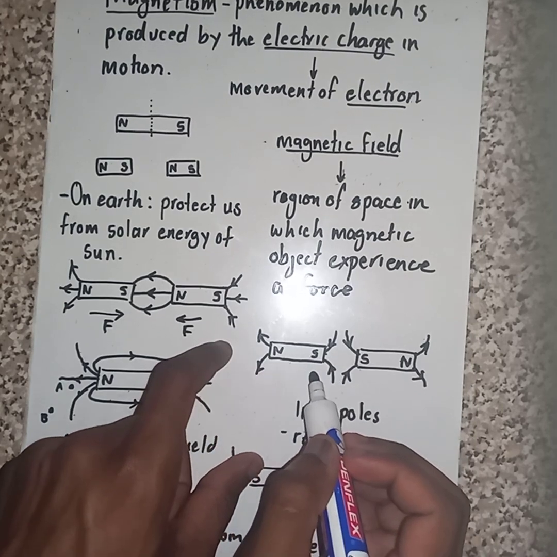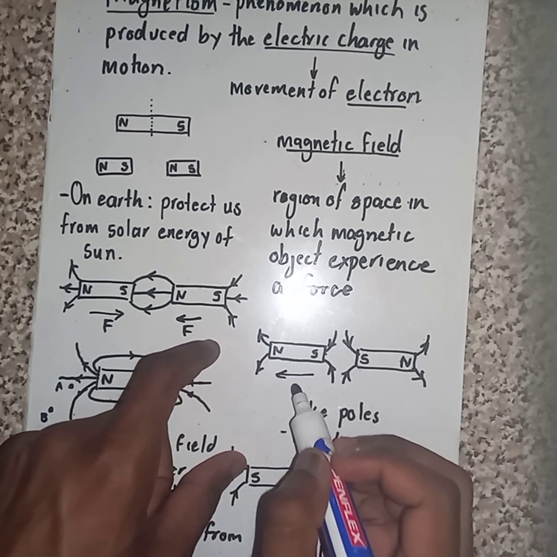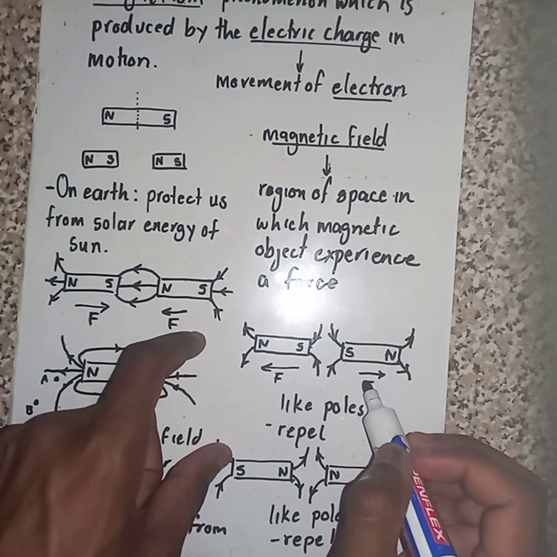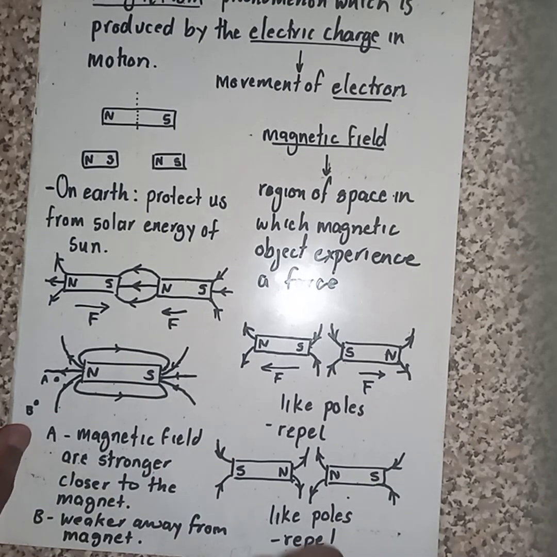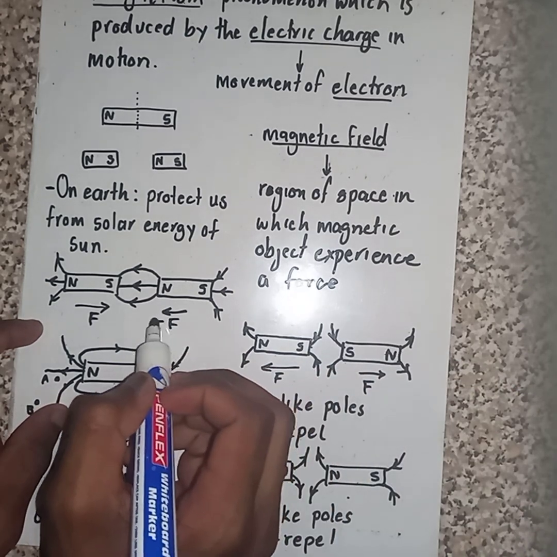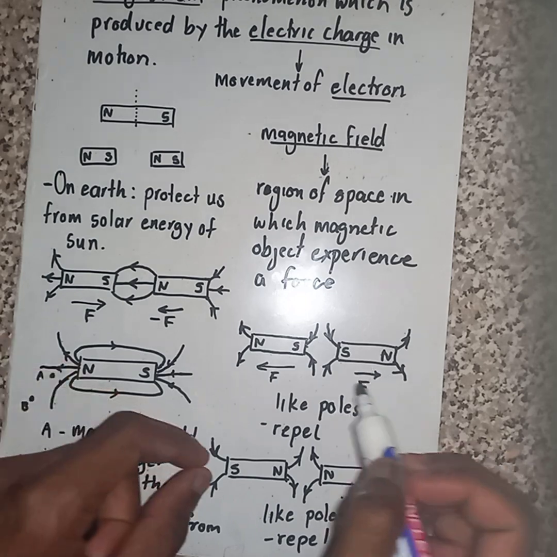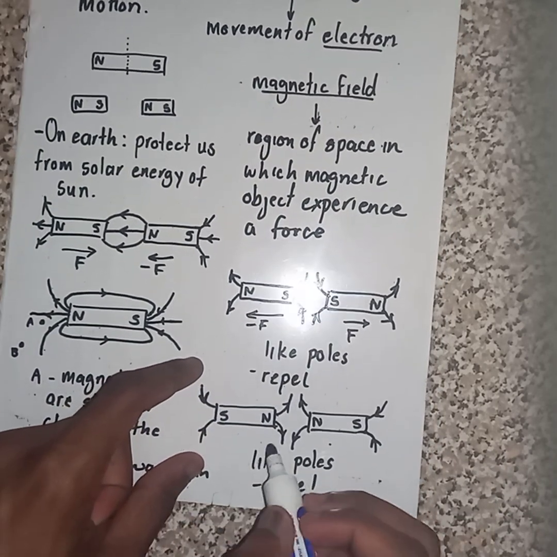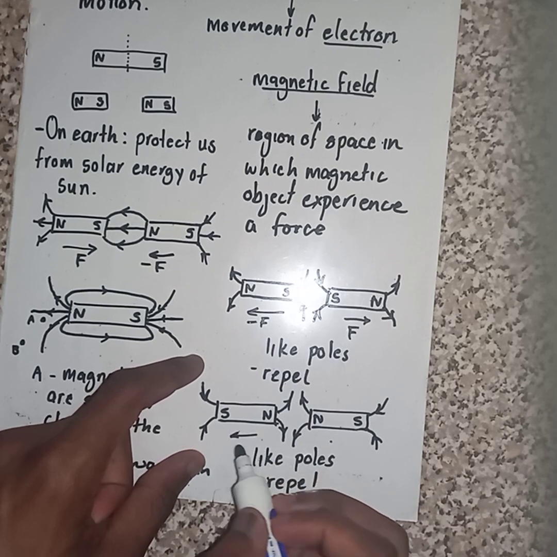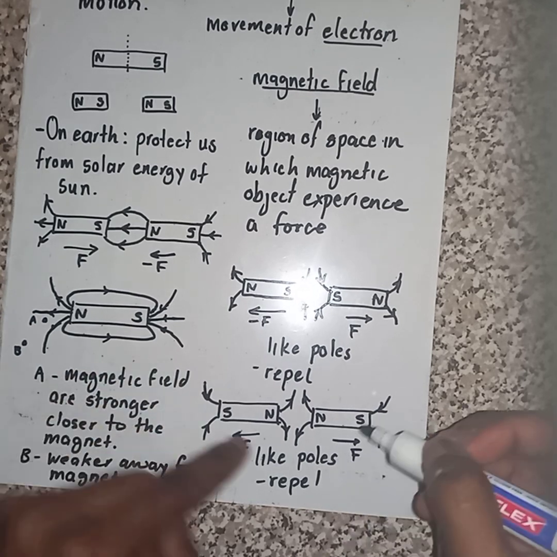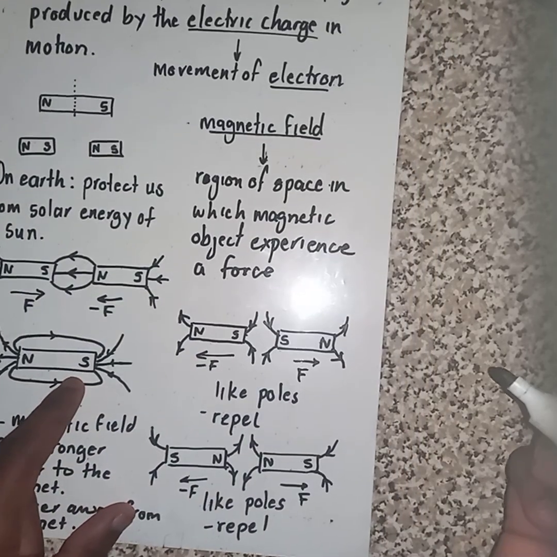Then this one will move in that direction with the force F. Same applies to this one with the force. If we were to consider the direction, let's say this one toward the left, then this one toward the left. Then same applies, this one will move, they will repel each other, towards the right, then this one toward the left.